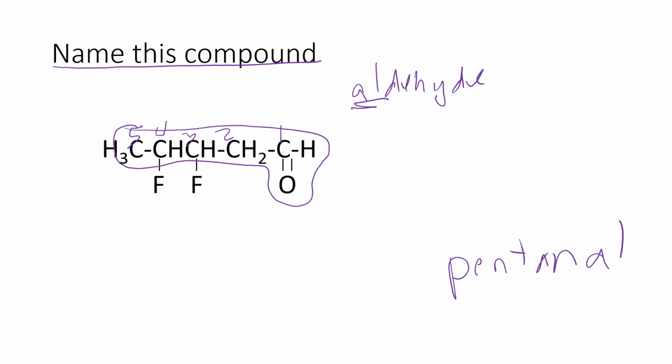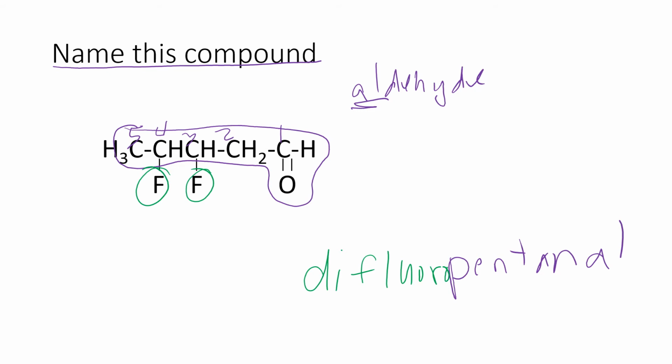So then our groups attached are 2 fluorines. And when we have 2 of the same group, we put a di in front to represent that. So difluoropentanal. And again, realize there's no number required in front of pentanal because the carbon where the aldehyde is always going to be carbon 1.